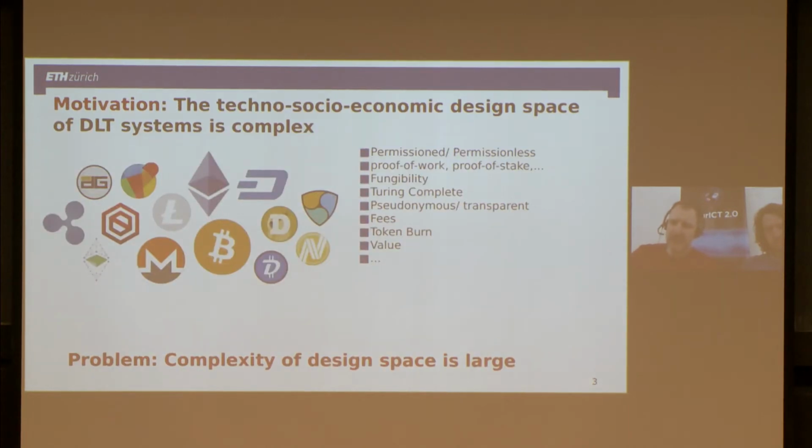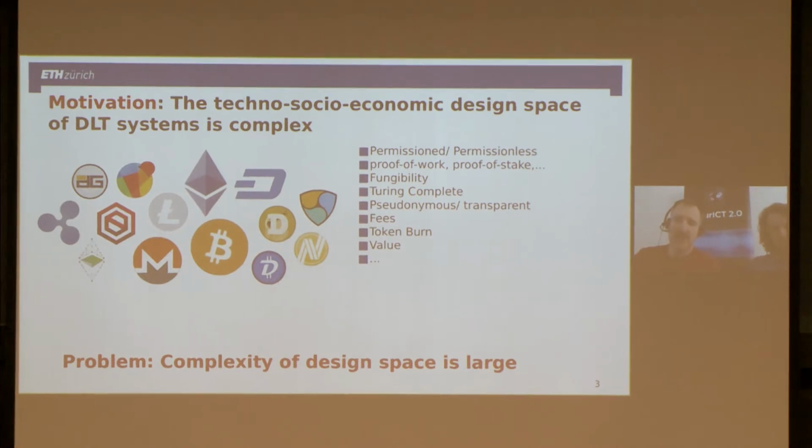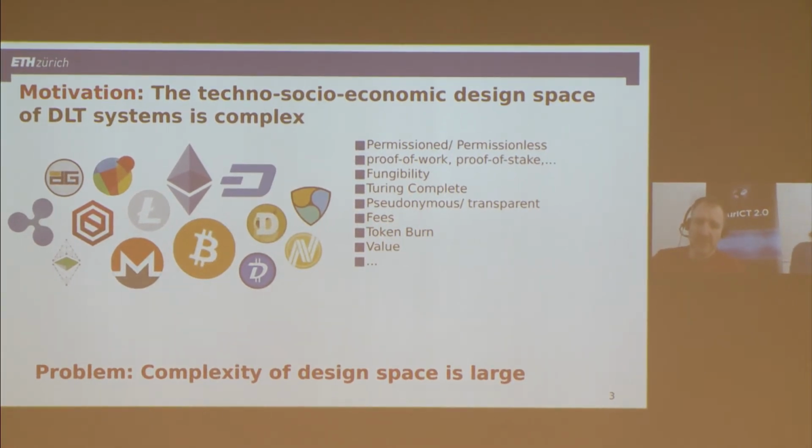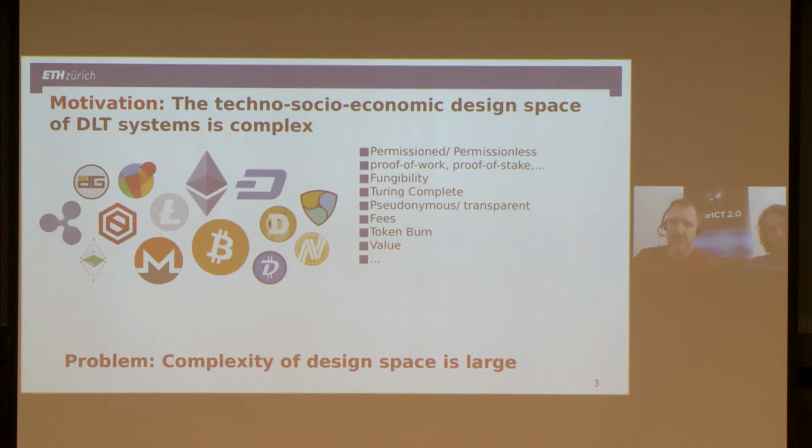So what was the motivation? Well, we realized that this design space for a techno-socio-economic system is really vast and complex. Although many people would agree that a lot of altcoins are copycats of other existing coins, there's still quite a lot of space to cover.